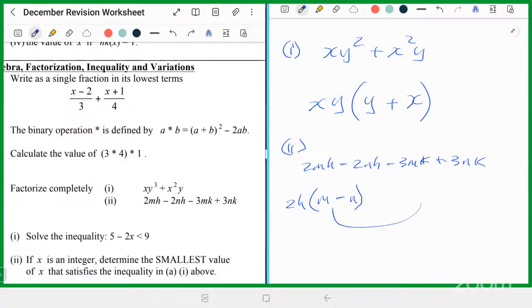Do the same thing over here, m minus n. From this you factor down to m minus n, so it must be that you factor out a minus 3k. Or look at it this way: from this you factor down an m, so it means the minus 3k factors out here.